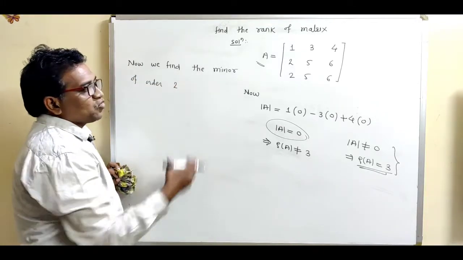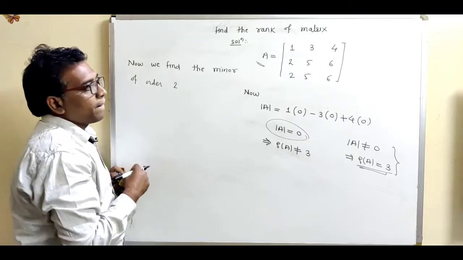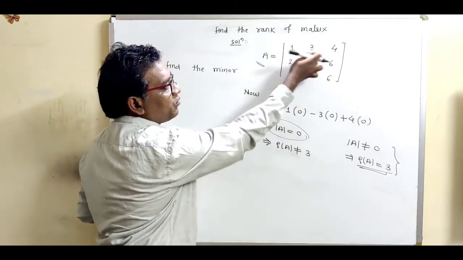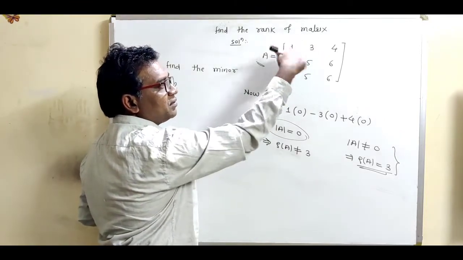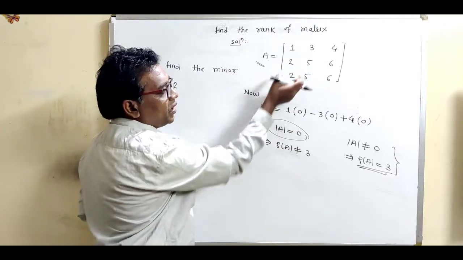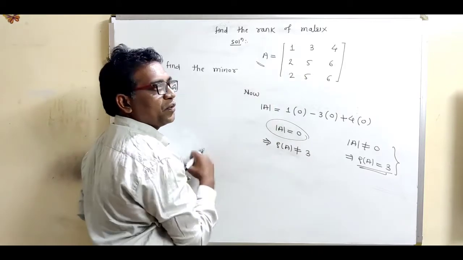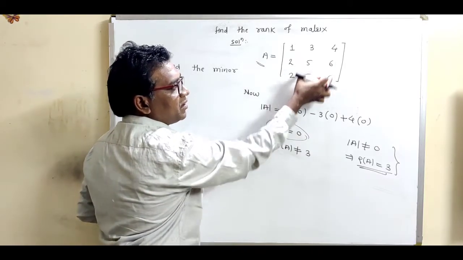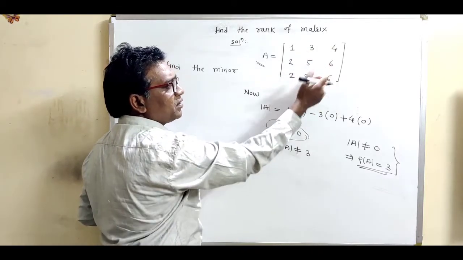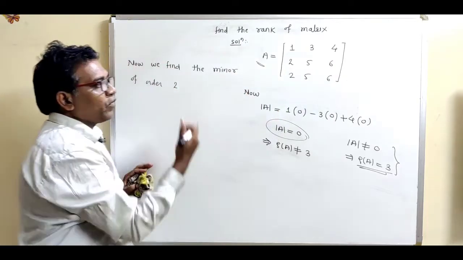Since there are so many determinants of order 2, this is the first determinant 1, 3, 2, 5, it is a determinant of order 2. This is the second determinant 2, 5, 2, 5, this is again a determinant of order 2. This is the third determinant, this is the fourth determinant. So there are so many determinants of order 2.